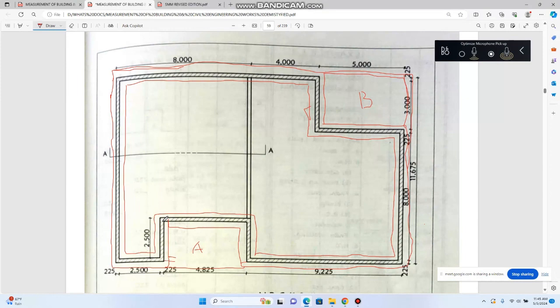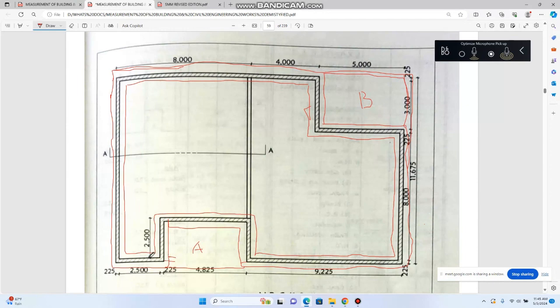We deduct the wall thickness of 225, so we have 2500 minus 225. Then we deduct this spread so that we can get up to here. So 2500 minus 225 for the wall, then 225 for the foundation spread. What shall we get? 2050.